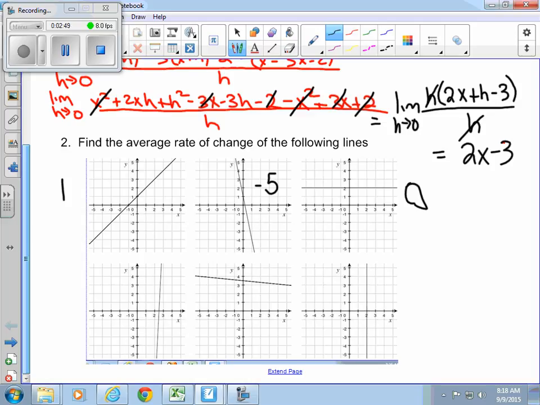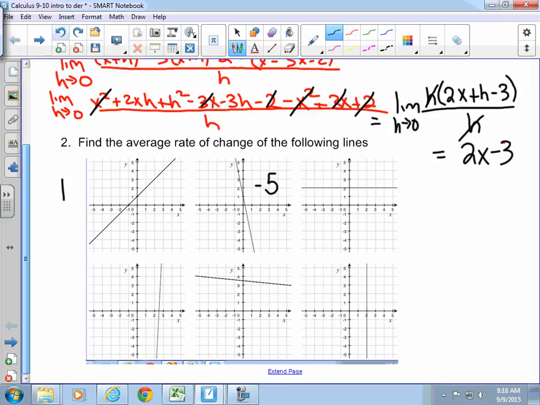Let's try that again. What about a vertical one? Oh wait, that's not vertical, I lied. I don't know. That one's a bad one. I should have done a better picture. Something like that. Why is it a bad picture?